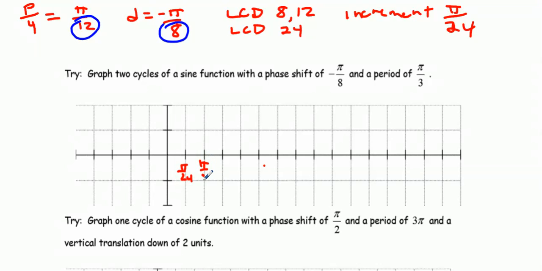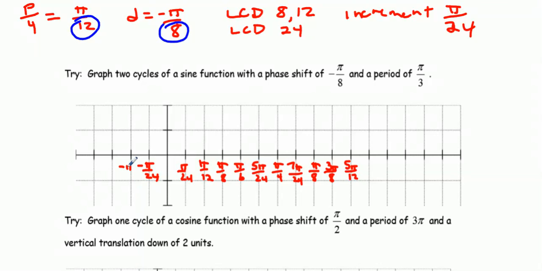2 pi by 24, 3 pi by 24, 24 has lots of factors, 4 pi by 24, 5 pi by 24, 6 pi by 24, 7 pi by 24, 8 pi by 24, 9 pi by 24, 10 pi by 24, etc. And we're just going to go in this quadrant 2 because we're going to need to have a phase shift that is negative.